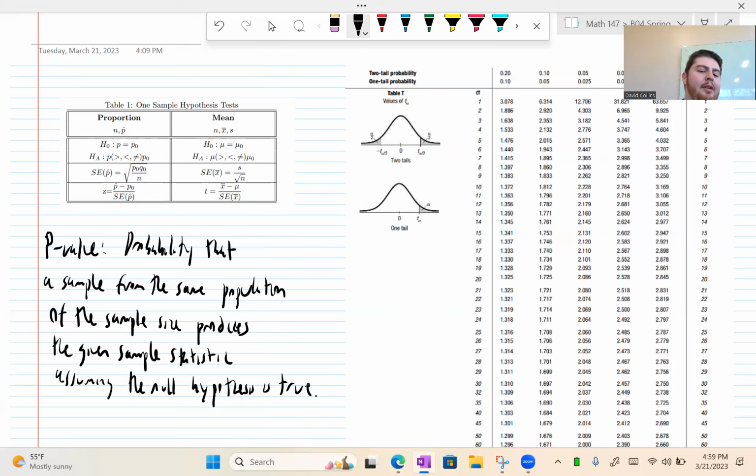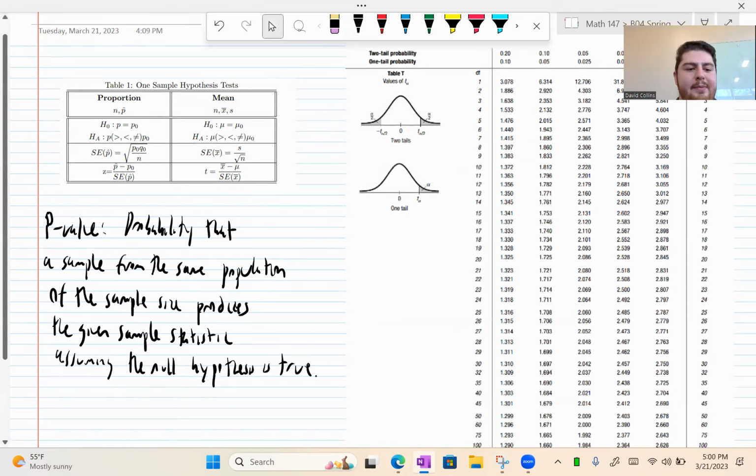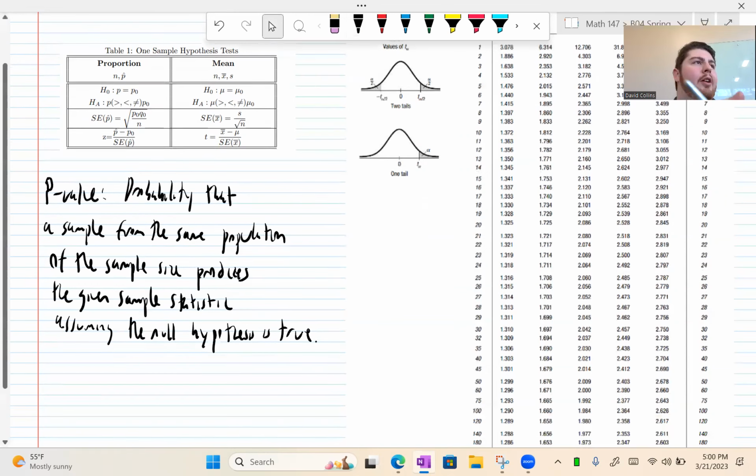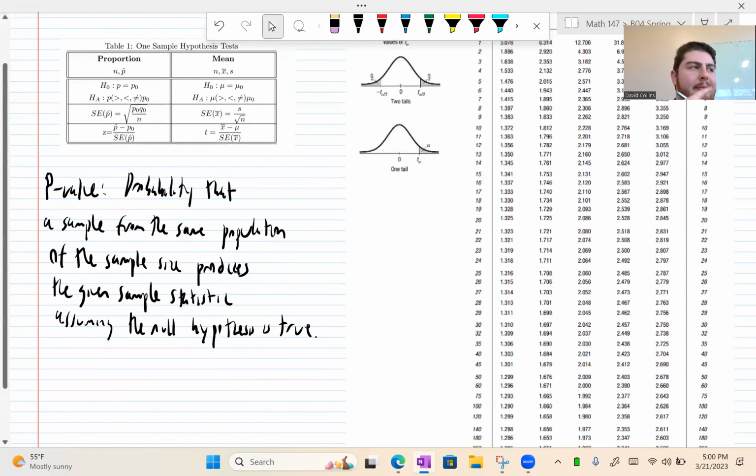I'll read that again. It is the probability that a sample from the same population of the same sample size, depending on the context, produces the given sample statistic, assuming the null hypothesis is true. In essence, this is a conditional probability. Probability of parameter equals a number given H naught is true.